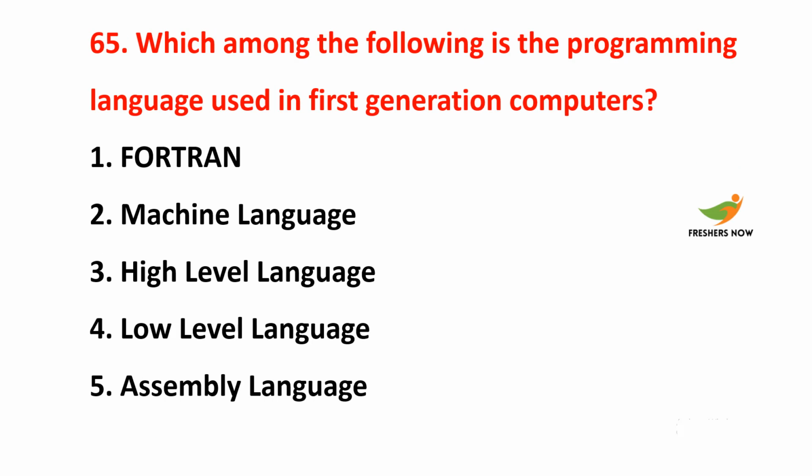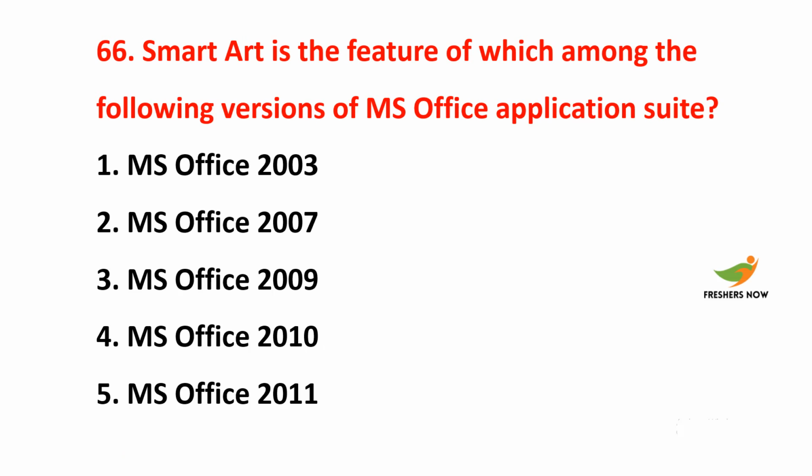65th question. Which among the following is the programming language used in first generation computers? And the answer is option 2, machine language. 66th question. SmartArt is the feature of which among the following versions of MS Office application suite?